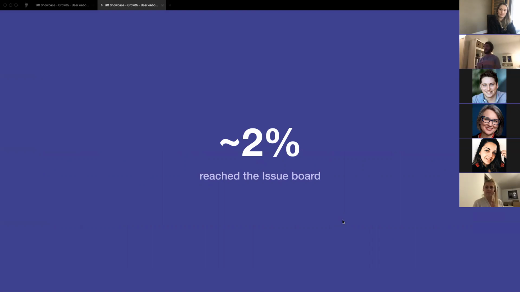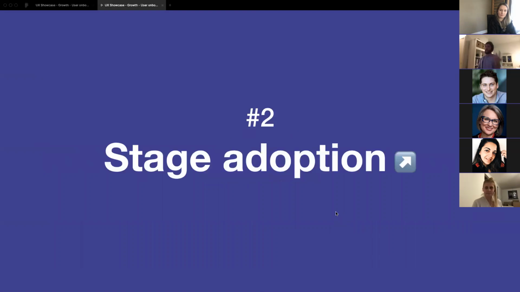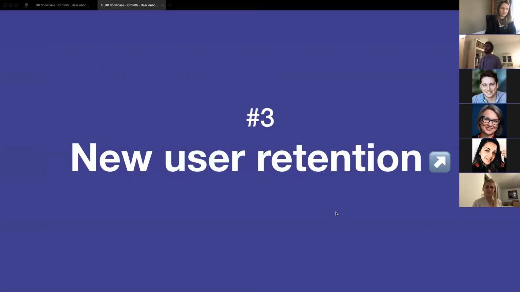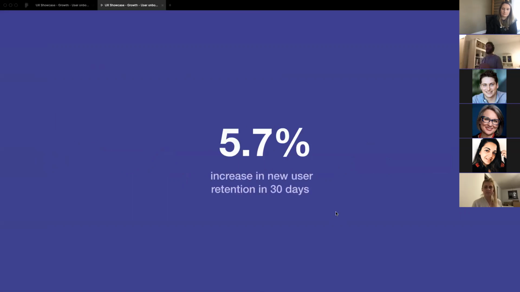So the 98% of the other users were vanishing elsewhere. But we still saw an increase in stage adoption, and mainly in create, release, and verify, which cascaded into new user retention.